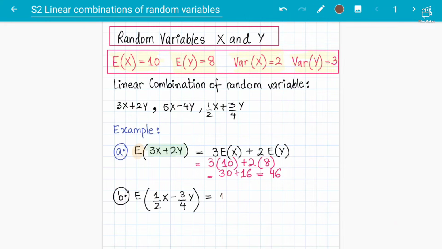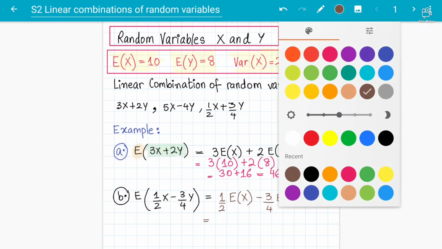It's going to be simple: half is multiplied with the mean of x, and you subtract 3 over 4, that is 75%, multiplied with the mean of y. That's very simple. Just multiply the coefficient given with the mean of that variable given in the question. That's how you do it.